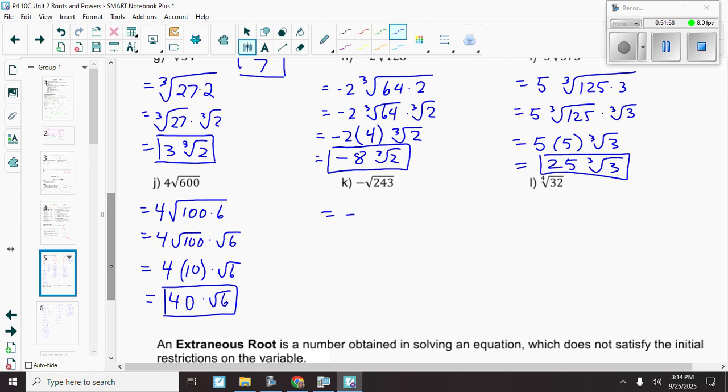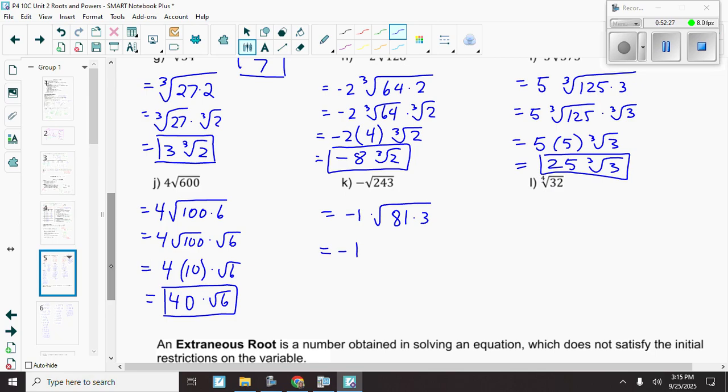So this one, if there's a negative in front, what is the negative? Negative is always attached to a number. What's the invisible number that the negative is attached to here? A 1. The 2 is the index, but the negative sign is a negative 1 being multiplied by 81 times 3 underneath our radical sign.